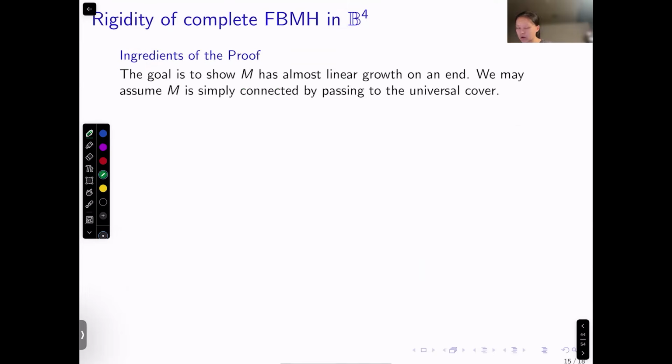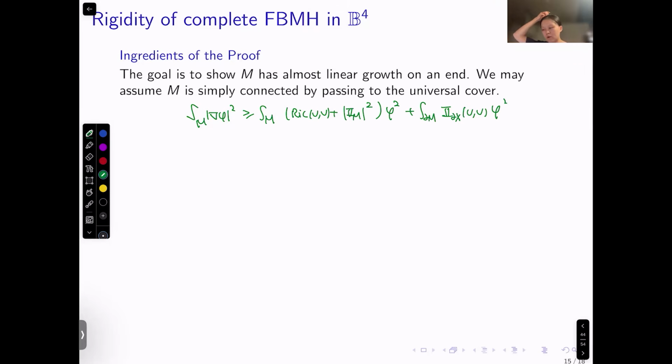So now let me try to tell you the idea of the proof. We go back to the second variation formula, and the goal is to prove that the manifold has linear volume growth inside my ambient manifold. So this is the second variation formula.